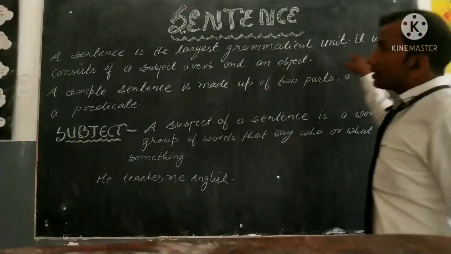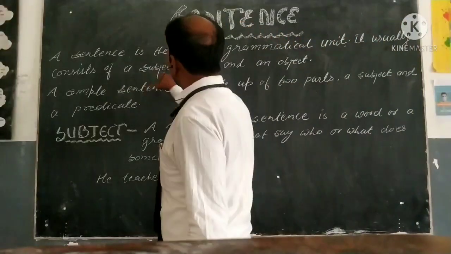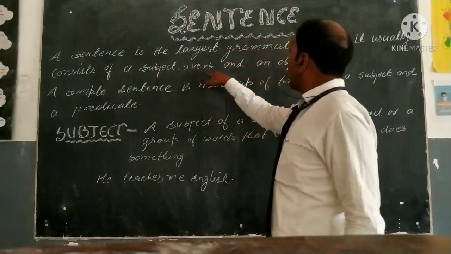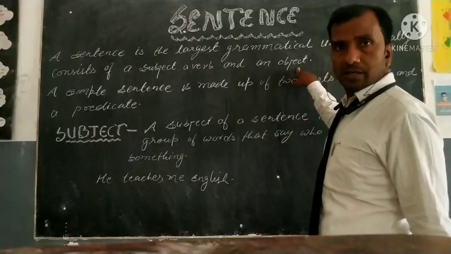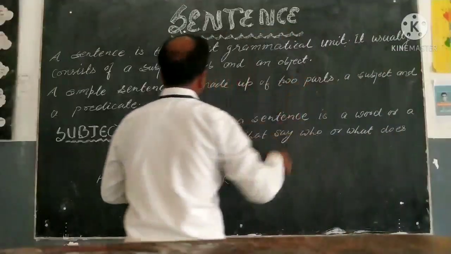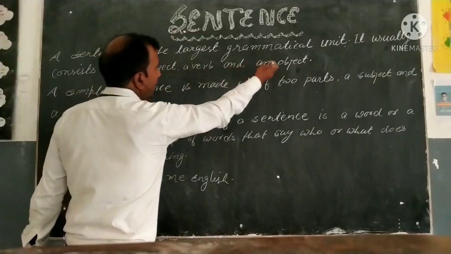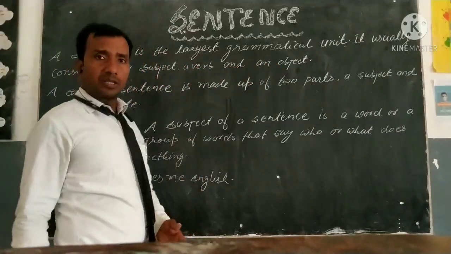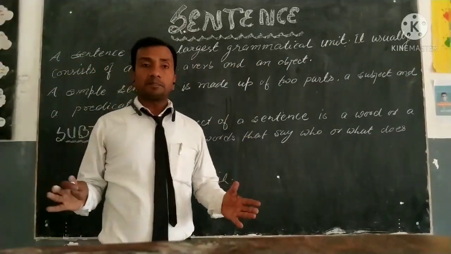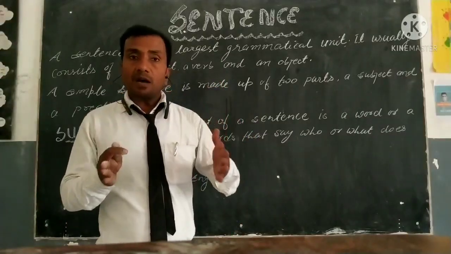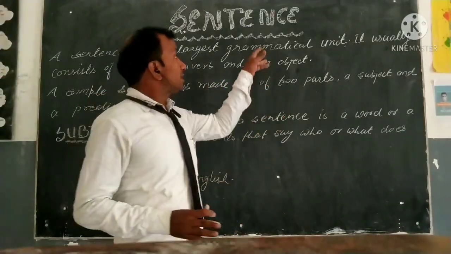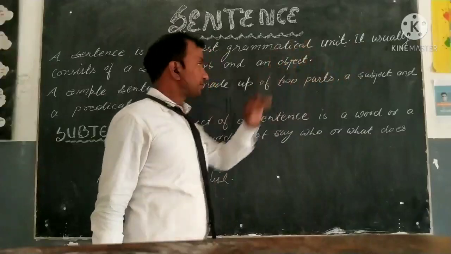It usually consists of a subject, verb and an object. So here you can see that a subject, a verb, an object and a preposition make a proper sentence, so it is a grammatical unit.